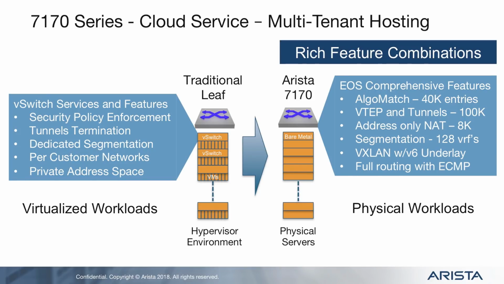And doing this, all of these features, at the same time that we have VXLAN with an IPv6 underlay and a full routing stack with ECMP, so BGP or OSPF based. So a full routing topology, overlays and underlays with these rich feature combinations running on top of that.